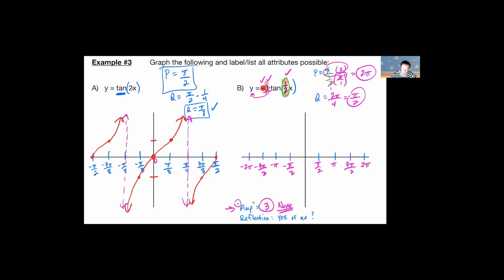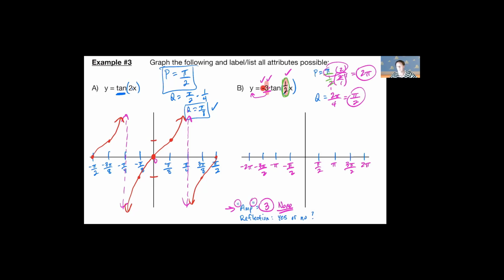So that's why I put these quotes around it. We're still going to use that to stretch this tangent, these y values, vertically by 3. But officially, there is not an amplitude if you are asked to answer it.